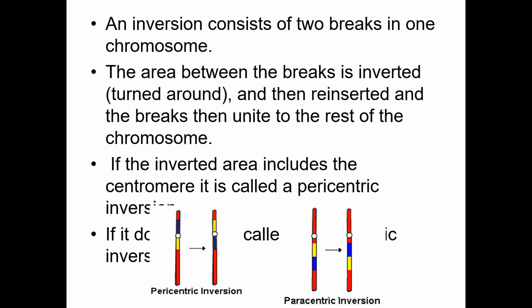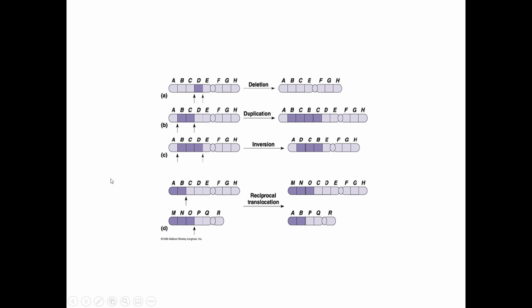And inversion consists of two breaks in one chromosome. For the inversion to happen, there should be two breaks in one chromosome. The area between the breaks is inverted, turned around and then reinserted in the break, and unites with the rest of the chromosome.